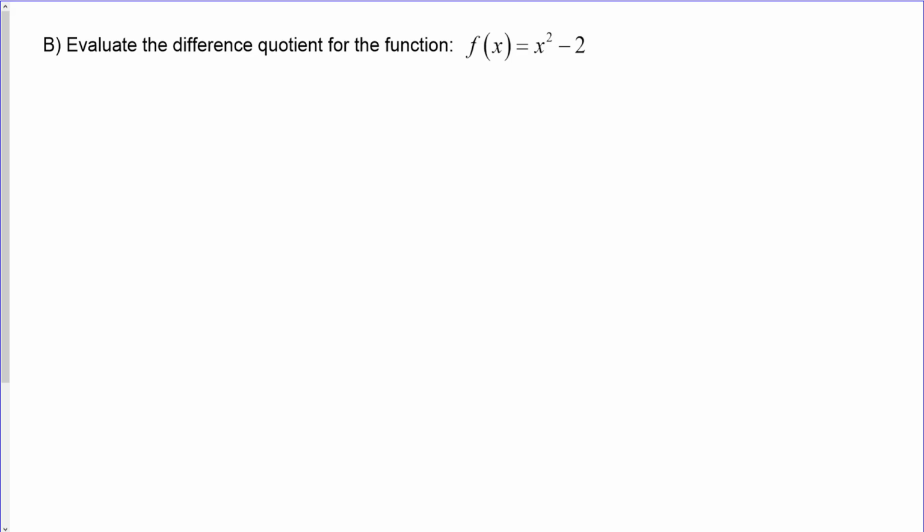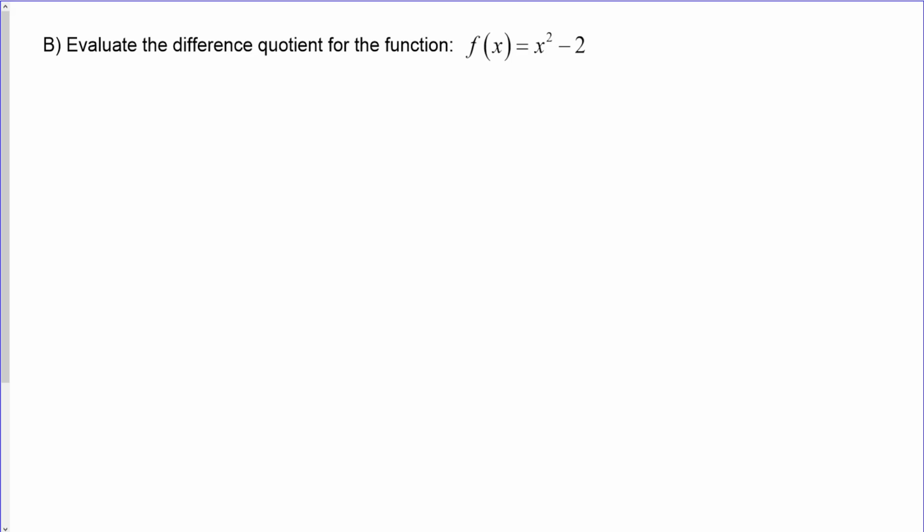Yes, when you are evaluating a limit at a number, you can always come up with an answer using your calculator. But when you're doing difference quotients, you almost always end up with a function, and your calculator is not going to be any help to you. So let's try the difference quotient for this function and see what happens.